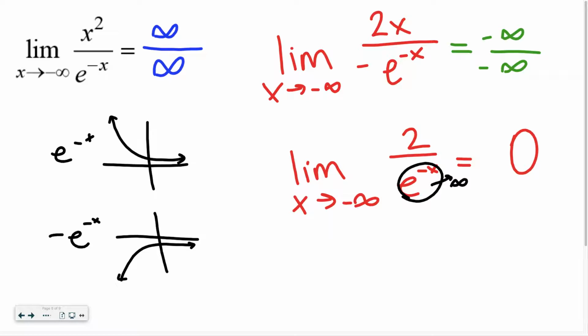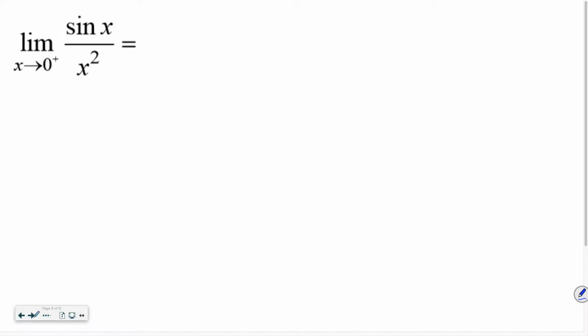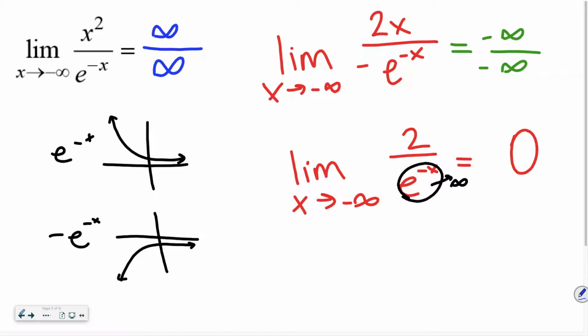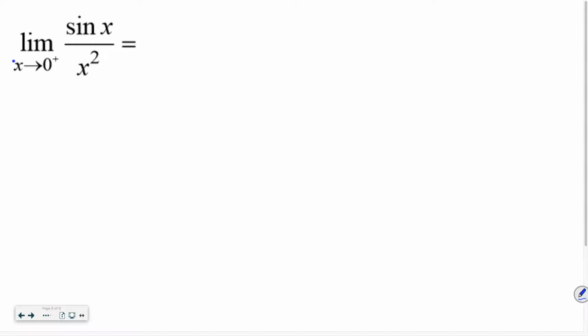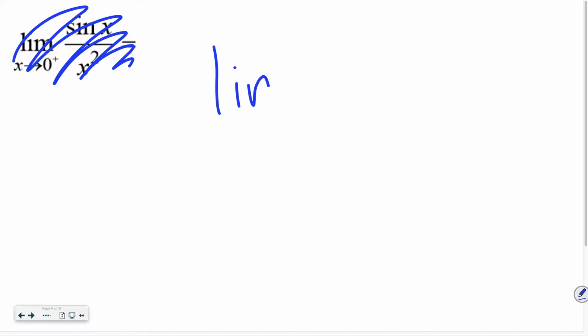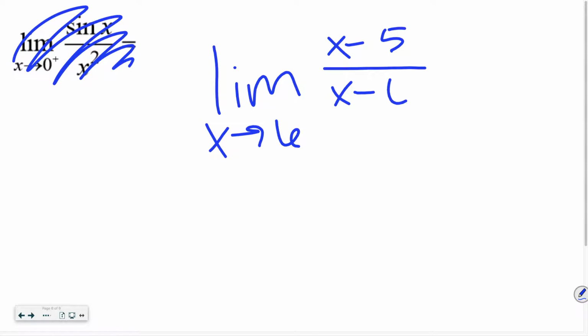Okay, couple more examples. What if I gave you something like that? Can I use L'Hopital's rule on this? No. Turner, why not? Because it's not indeterminate.